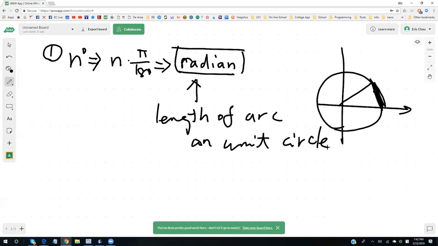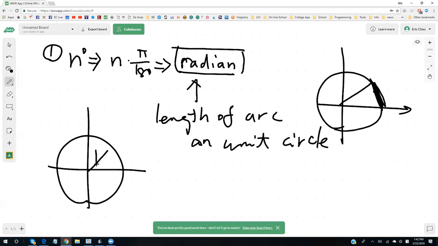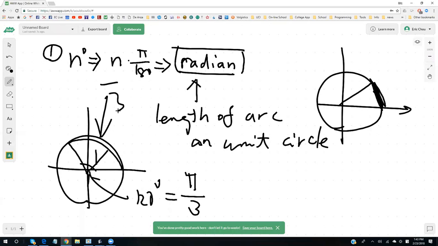So I have a unit circle, the radius is 1, and then my angle is 120 degrees. 120 degrees, that's actually 1/3 pi. So this arc will be 1/3 pi. If my angle now is 1/4 pi, then the length is also 1/4 pi.